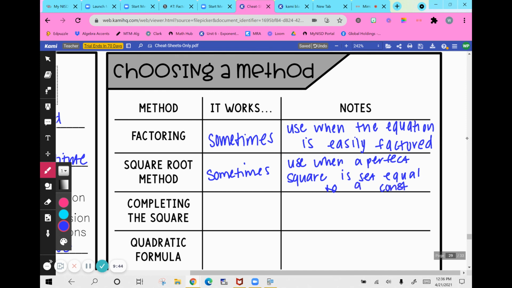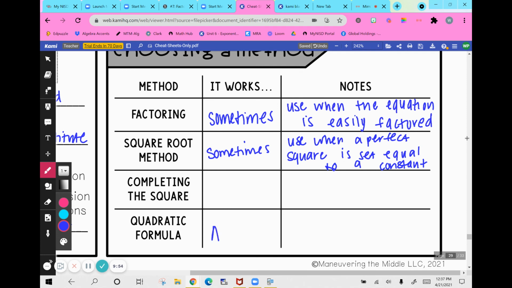All right, and then the last one that we're going to look at, we're going to skip completing the square and we're going to look at the quadratic formula, that will always work. So if you only know one method to solve quadratic equations, it's the quadratic formula, because this one will always work. Use it when the equation isn't factorable, or use it every time if that's the one that you like.